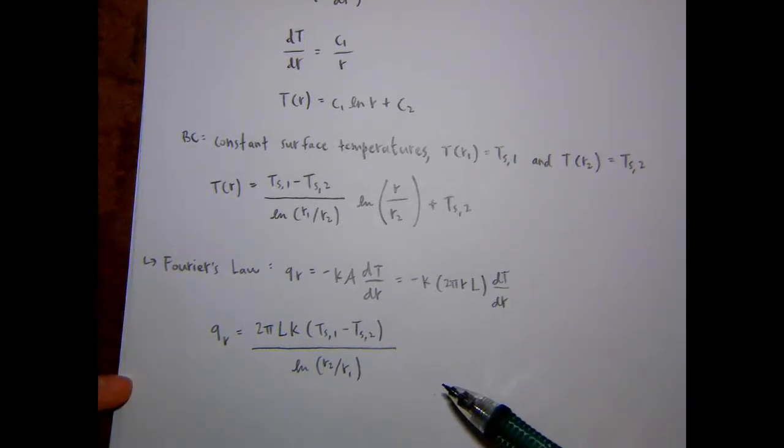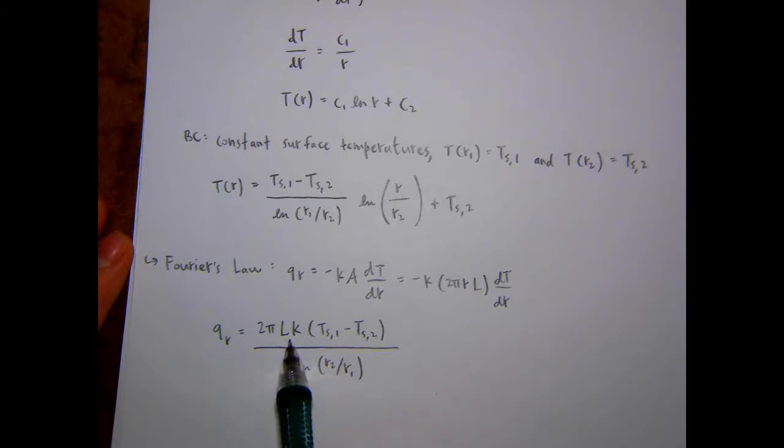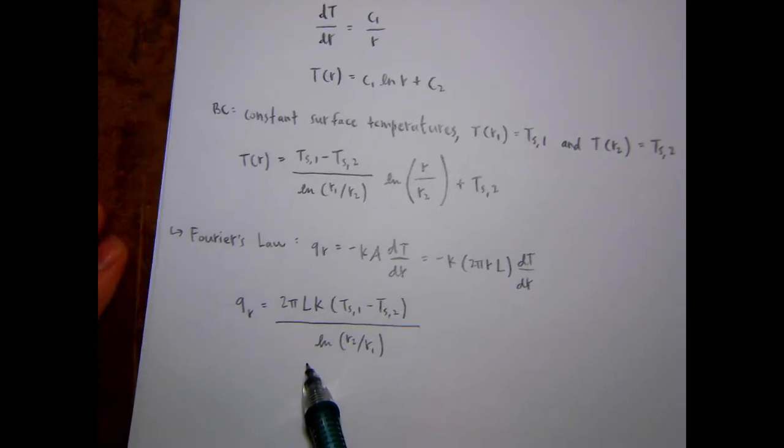So now, we looked at Fourier's law to derive the thermal resistance before, right, or to understand it intuitively, and we said everything that isn't the temperature difference, if that goes up, then the heat transfer rate is going to go up, right? So if the inverse of it goes up, then the heat transfer rate is going to decrease. So the inverse of all of this out here is the thermal resistance, just like before for a Cartesian coordinate system.